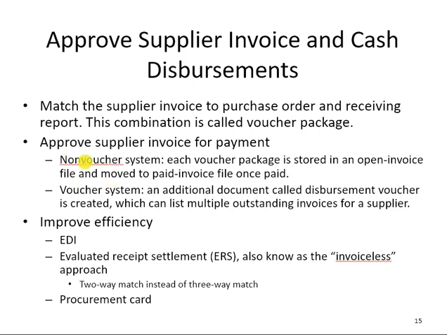Okay, in a non-voucher system, each voucher package is stored in the open invoice file, and once it is paid, the voucher package will be moved to the paid invoice file. So this is an invoice-by-invoice handling process.